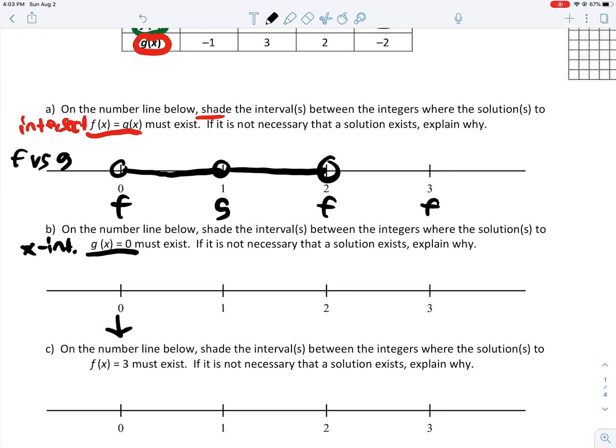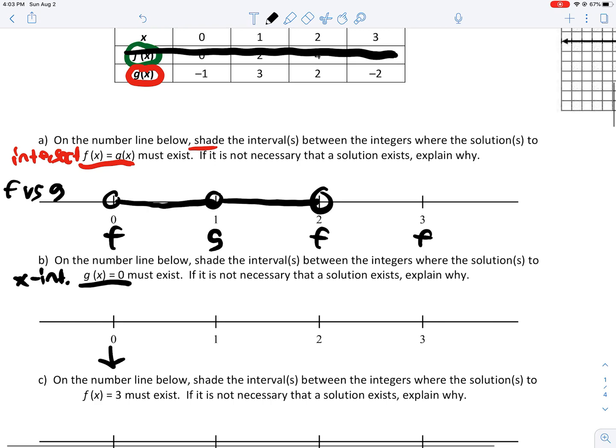When x is 0, it's at -1. That's below 0. When x is 1, it's above 0. If you're below 0 and now you're above it, you had to cross 0. Think about it. You're below 0, now you're above 0. What had to happen? You had to cross 0.